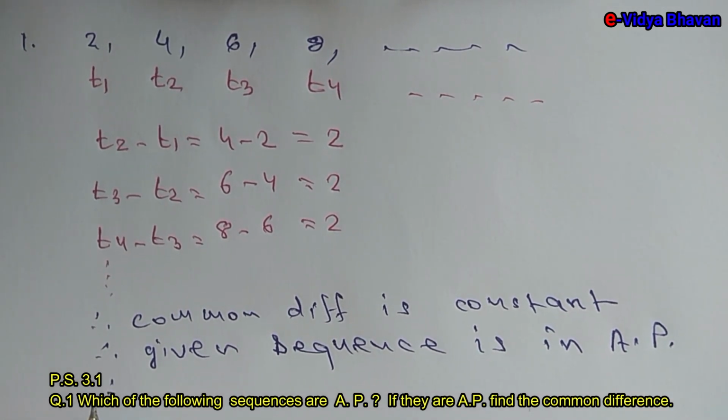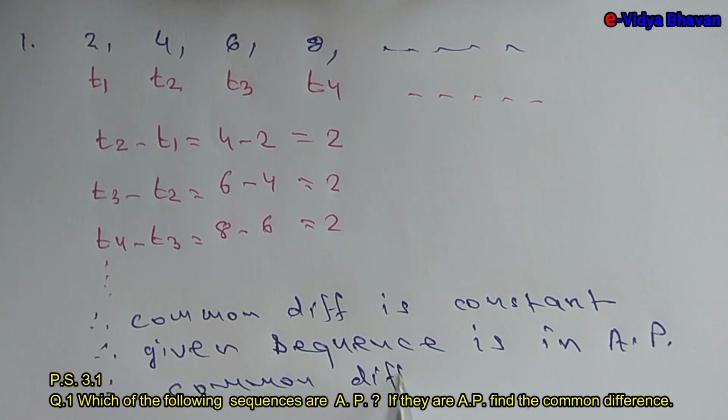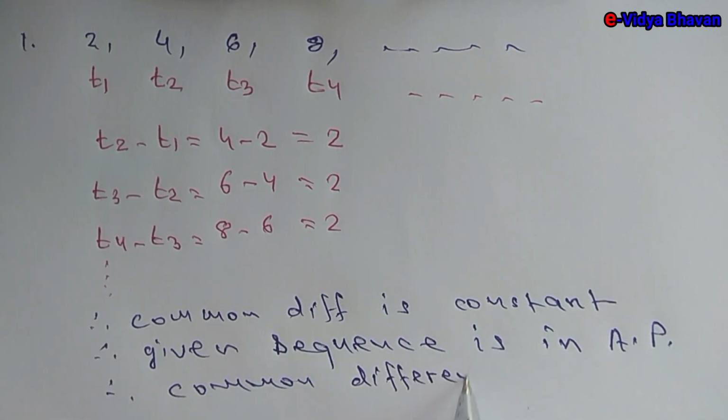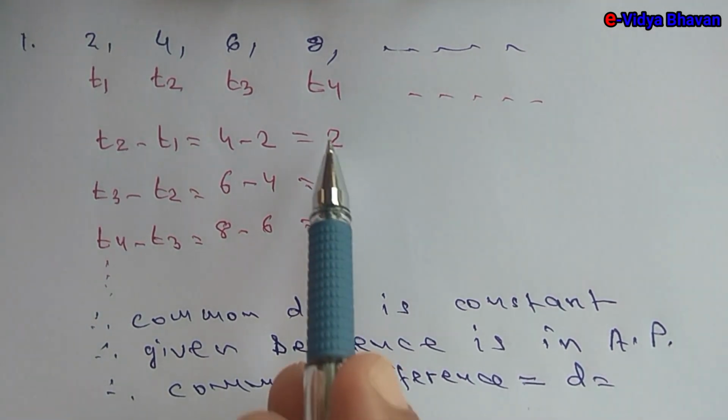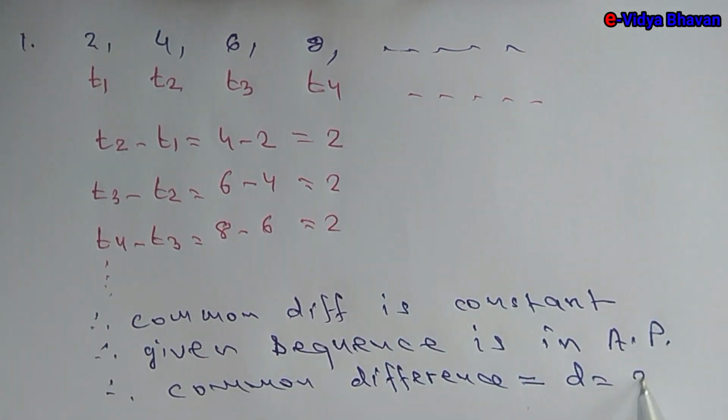And the last part, they are asking, find the common difference. Therefore, the common difference, we denote it by small d, is 2. So this was the first answer.